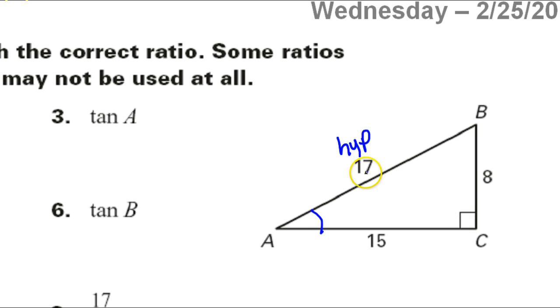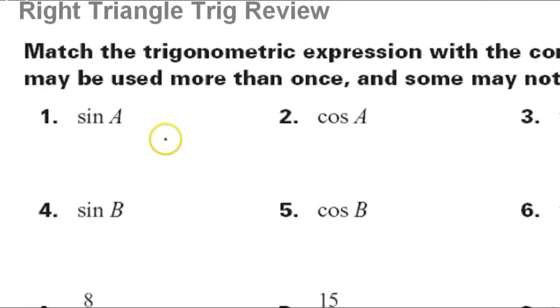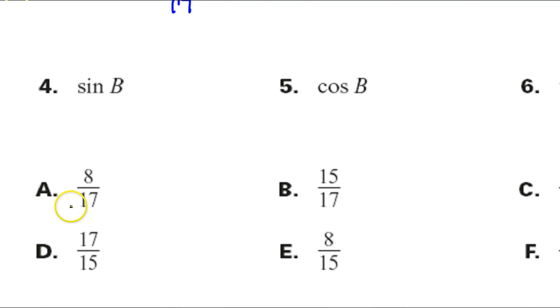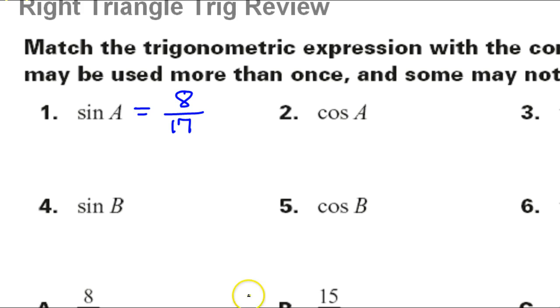That's across from the 90 degrees. And 8 is the opposite leg. So opposite leg over the hypotenuse would be 8 over 17. So that's why the sine of angle A would be 8 over 17. And this is supposed to be matching, so the answer to number one would be A.